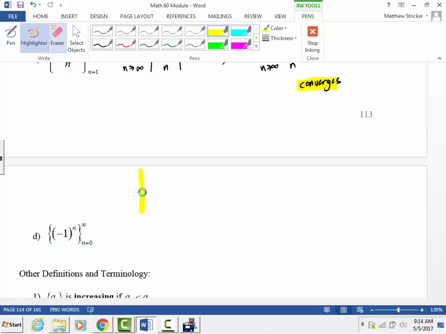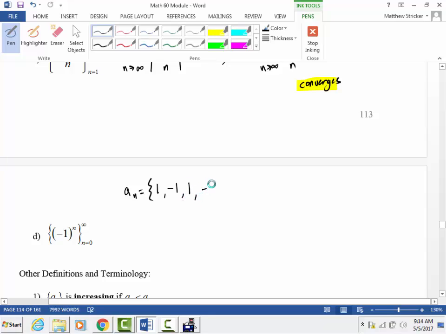What does the graph of this thing look like if we were to graph it? What's the first term? What's A? First term is 1. What's the second term? Next term? What do you think? It's going from 1 to -1 to 1 to -1. Is this diverging or converging?